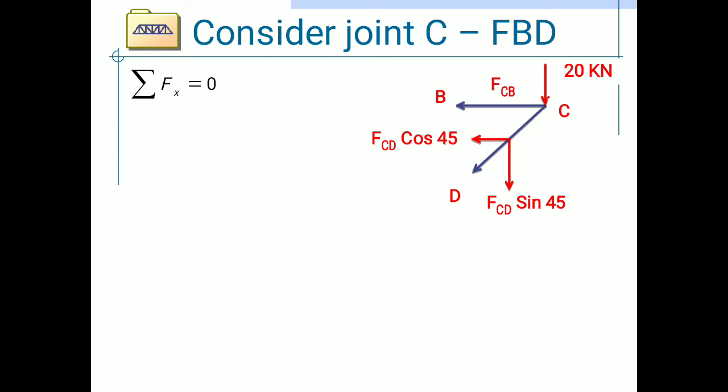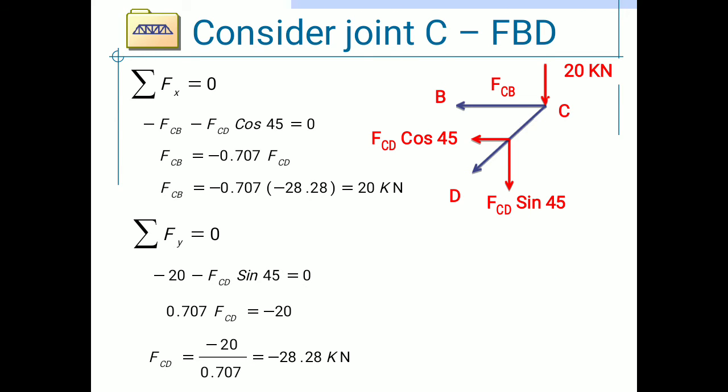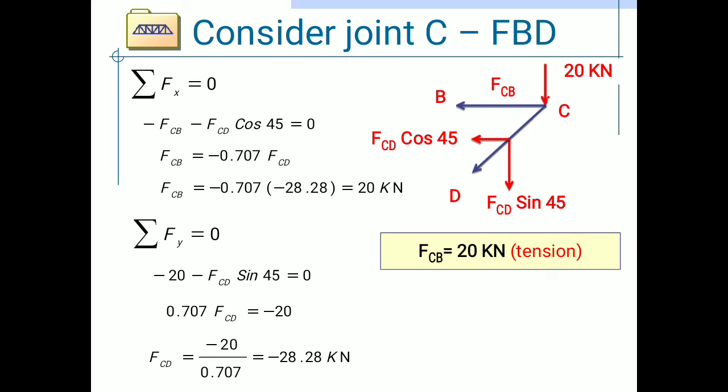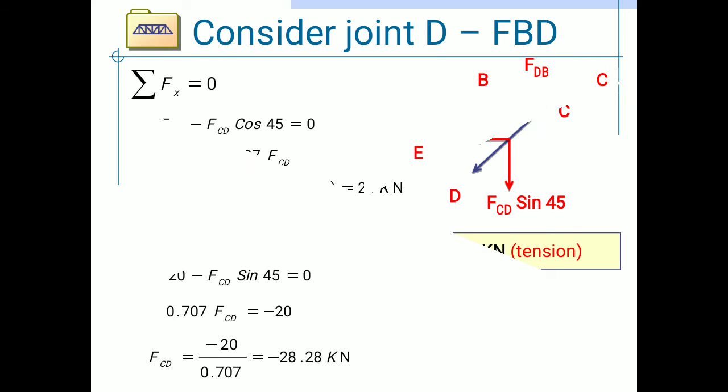By applying summation Fx is equal to 0, we will get the value of FCB. The final forces are FCB 20 kN in tension and FCD 28.28 kN in compression.